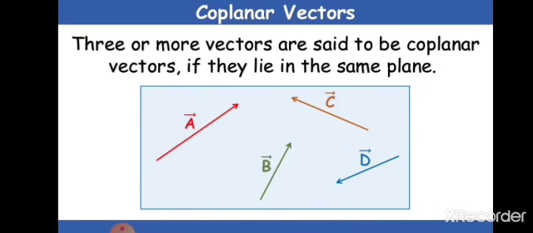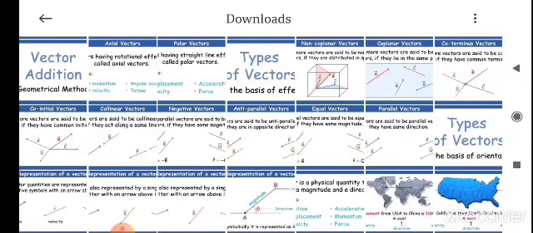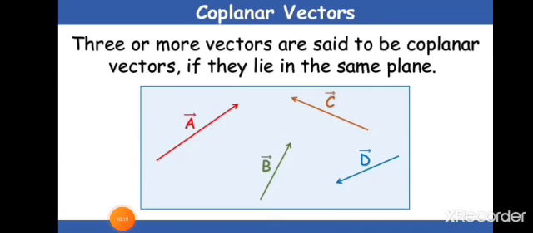Let us study the next type of vector: coplanar vectors. Three or more vectors are said to be coplanar vectors if they lie in the same plane. So vectors lying on the same plane are called coplanar vectors. They should lie in the same plane.